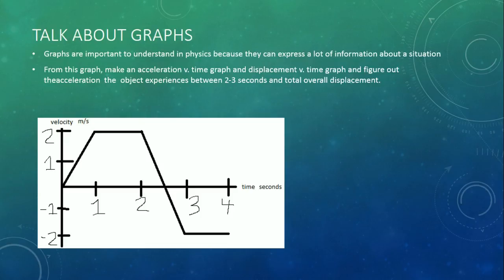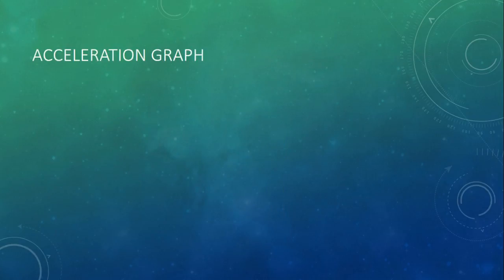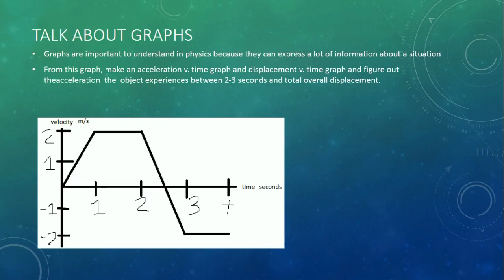So, from this graph, we have to make an acceleration versus time graph and figure out the acceleration the object experiences between 2 to 3 seconds, and we want to figure out the overall displacement.